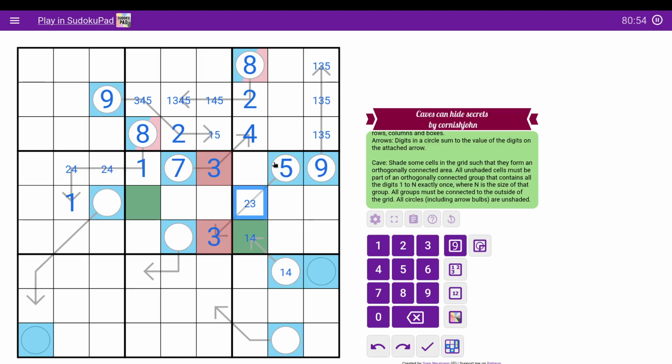Two. Oops. Right, and I find myself wanting to make this a 1-5 pair, which doesn't work very well. If this is not a 1-5 pair, it must be a 3.